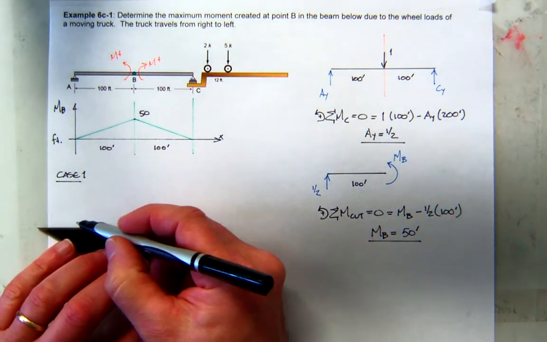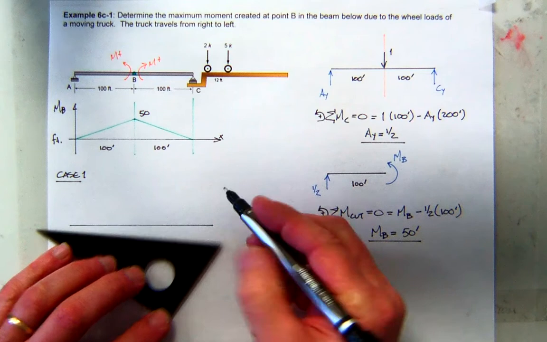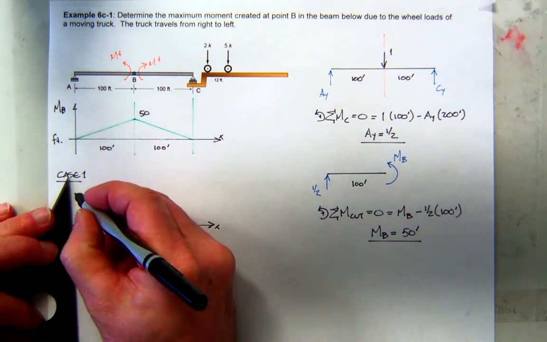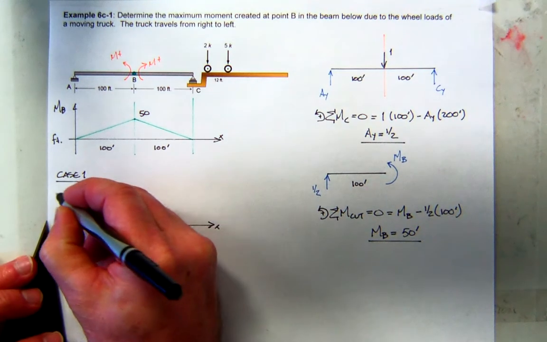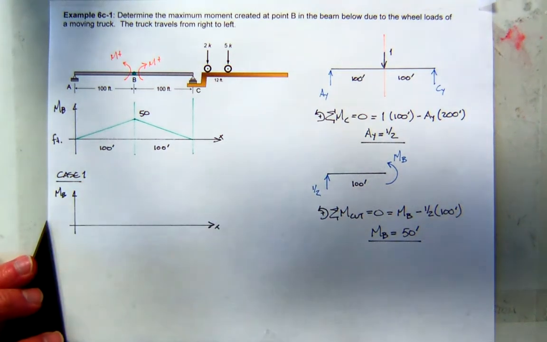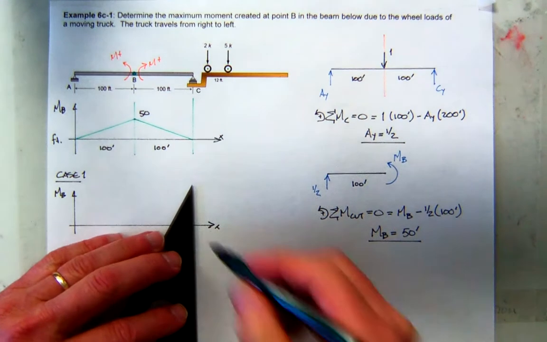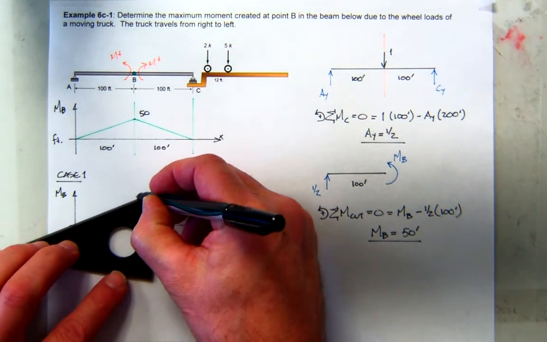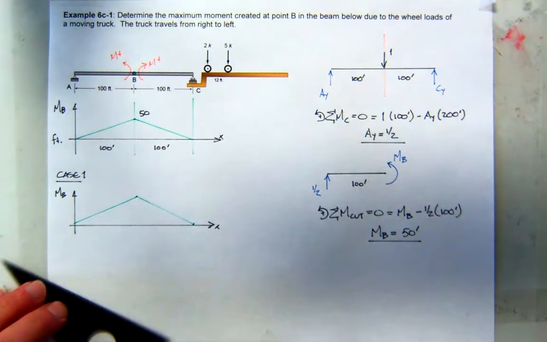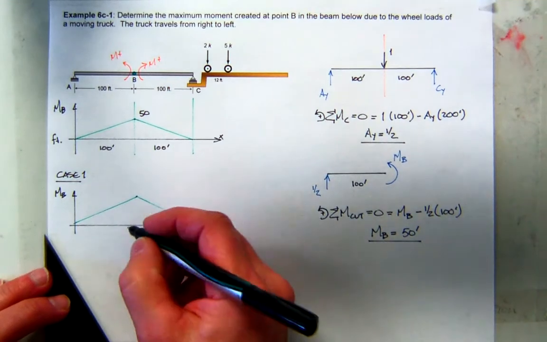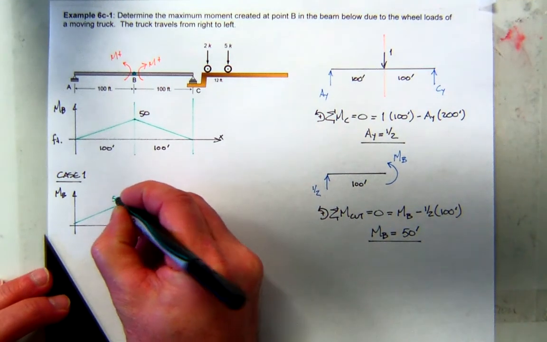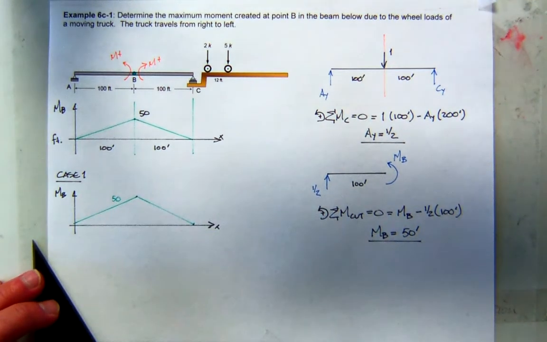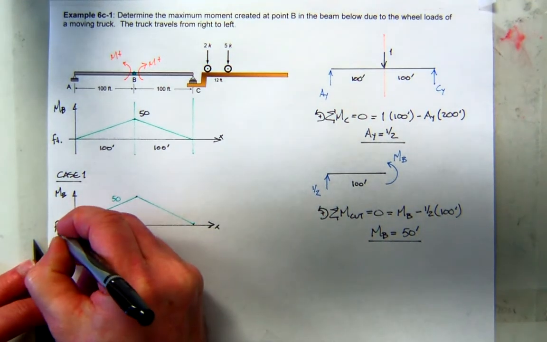Give me just a second to redraw the influence line. So there it is, and don't forget, this has a value of 50, also with units of feet.